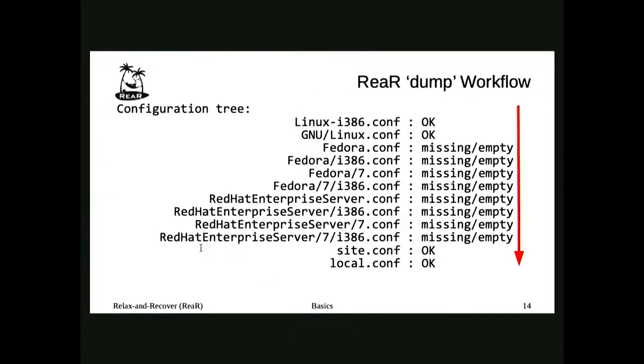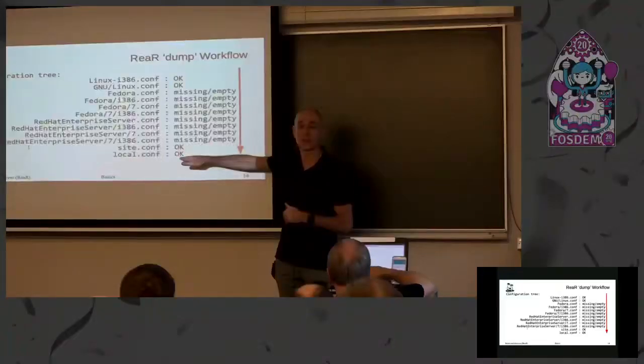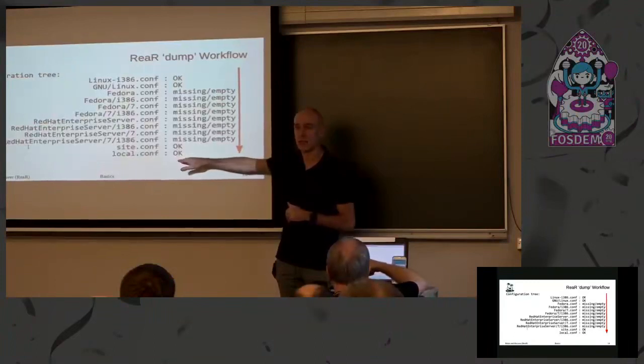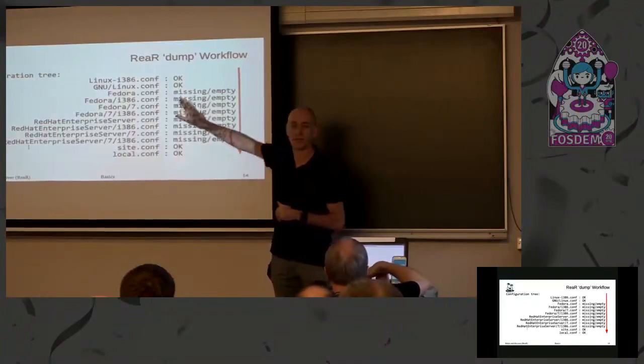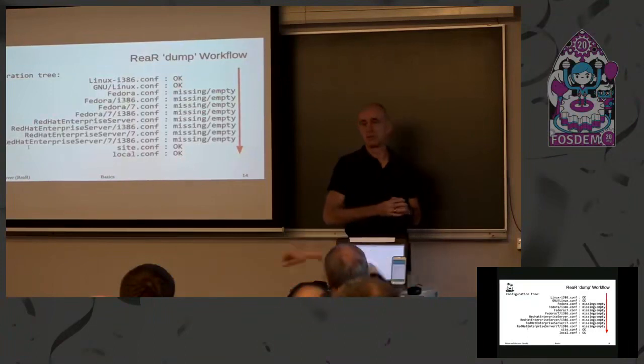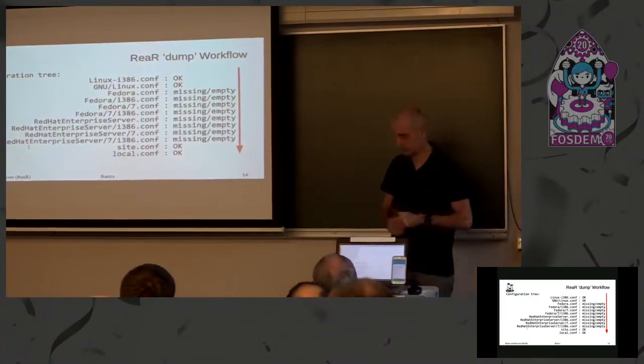Another thing within ReaR, you can also type rear dump, and then it will show you which configuration files will be read. And it is in this order. That means the last local.conf file is the last configuration file that will be read, so everything which is added there will overrule everything else. That's important to know. Local.conf is the last one.